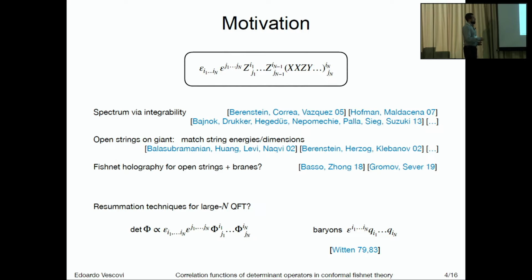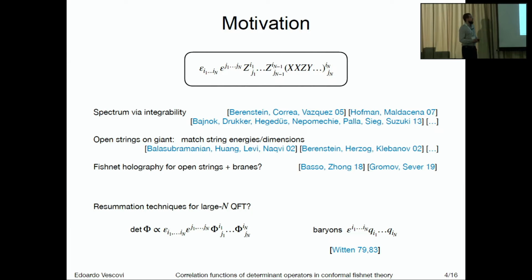Here, the objective would be to study these operators in these Fishnet theories, where the graph content is particularly simple, and maybe hope to derive some systematic way of resumming the loop expansion. In this theory, again, we also have a handle on these correlators, potentially from integrability. This is a very broad perspective.